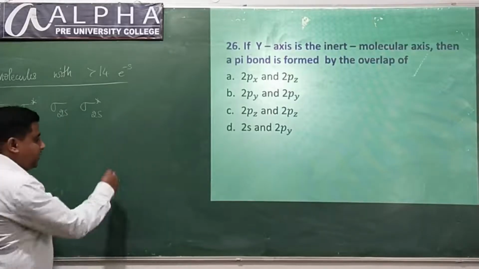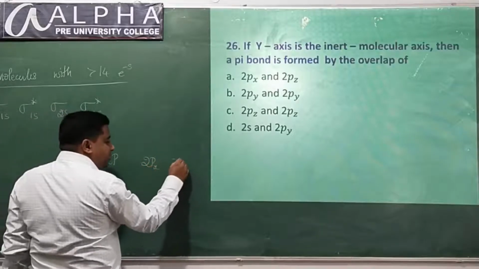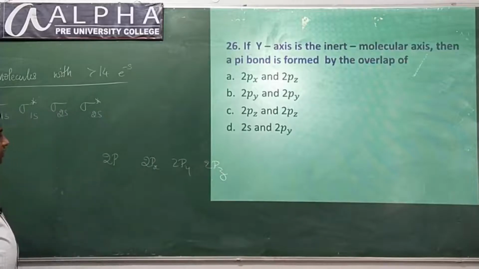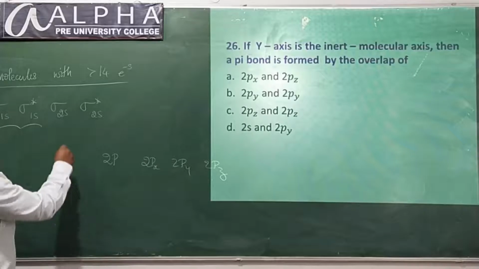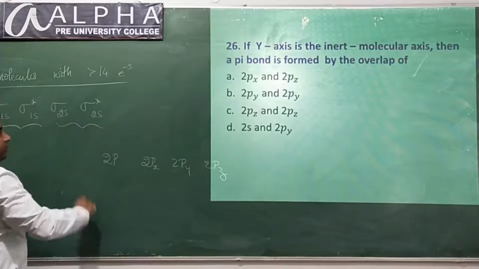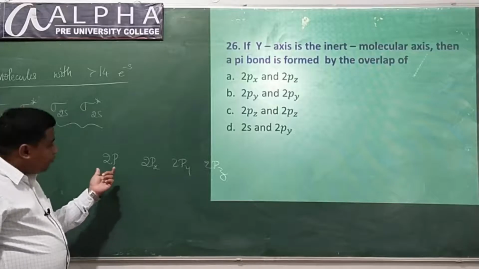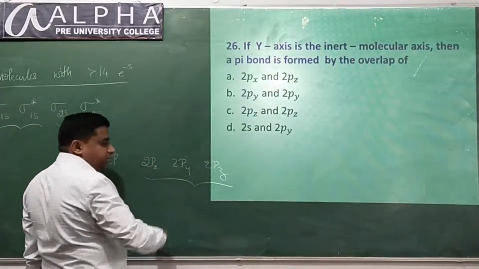In 2p we have 2px, 2py and 2pz, isn't it? So we have finished 1s, bonding, antibonding, 2s, bonding, antibonding. After 1s and 2s, I have to go for the 2p orbital. For the 2p orbital, we have 3, 2px, 2py, 2pz.